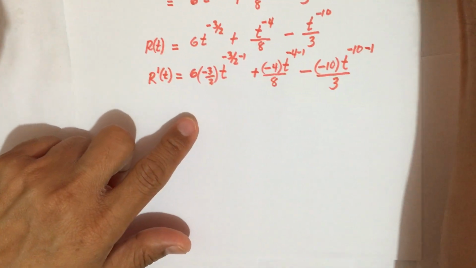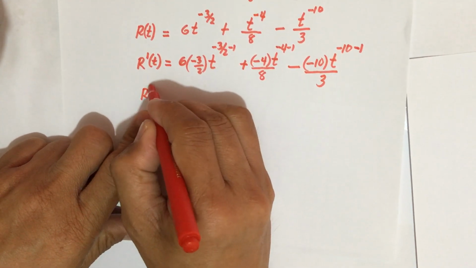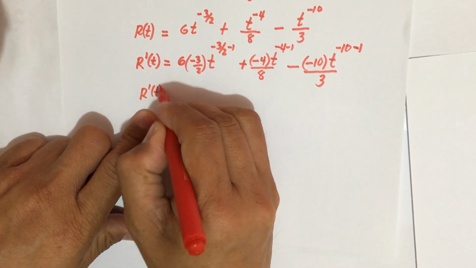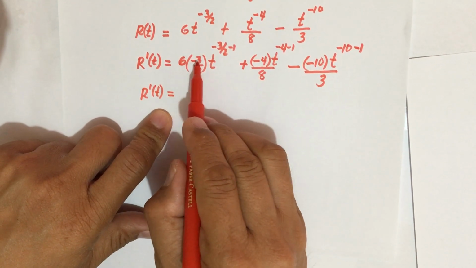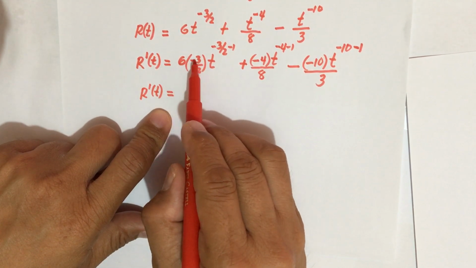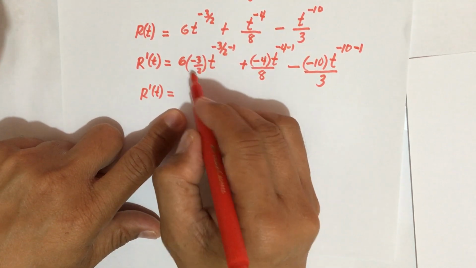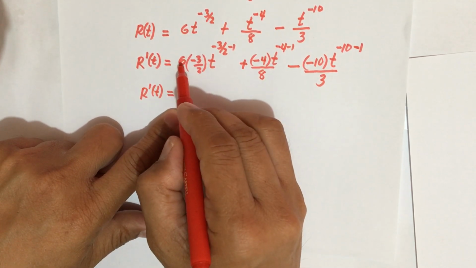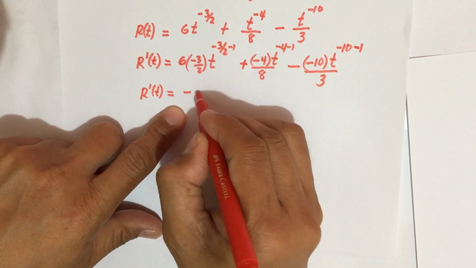Alright, so simplifying this, we have r prime sub t equal to 6 times negative 3 halves. This is the same as 6 times negative 3, negative 18, divided by 2, negative 9.